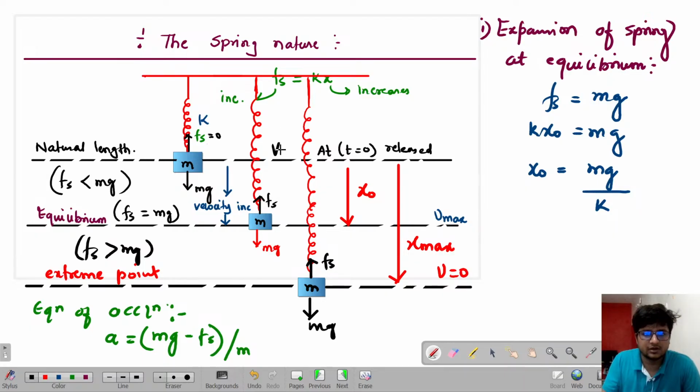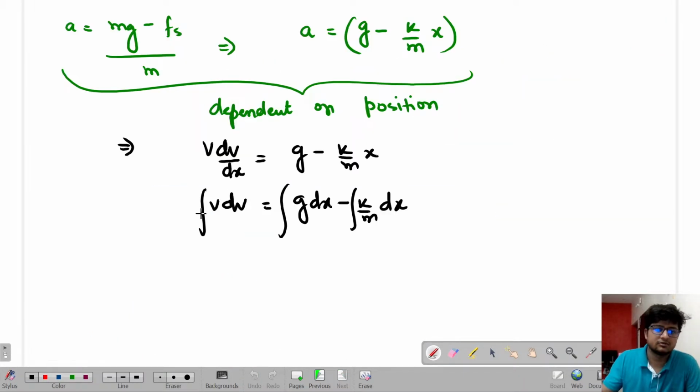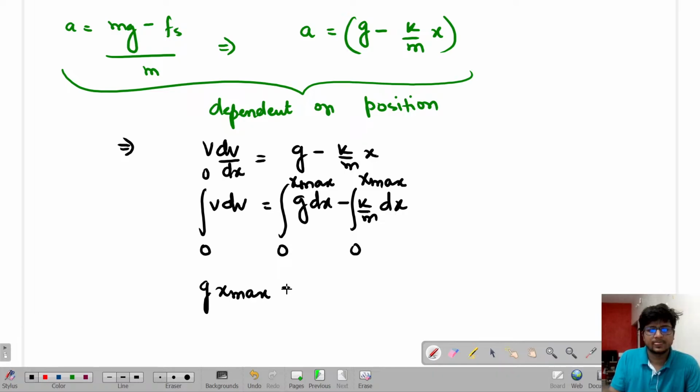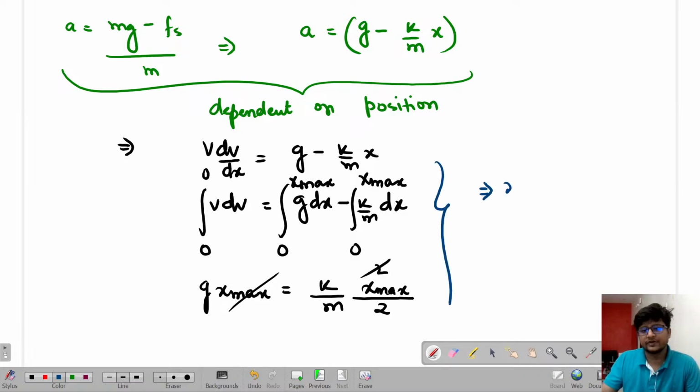Initially velocity is 0, finally velocity is also 0. Initially expansion was 0 and finally expansion is x max. So g into x max is equal to k by m times x max whole square divided by 2. So x max cancels.